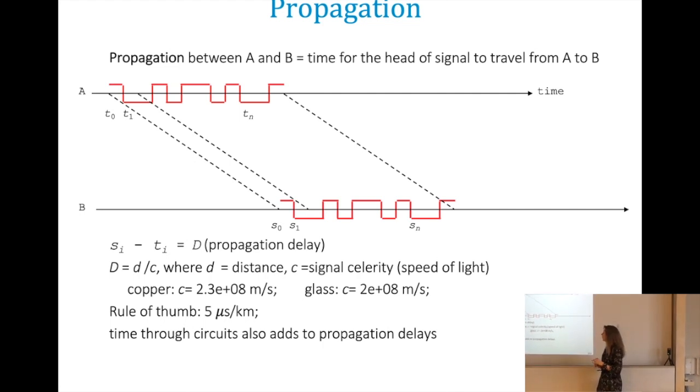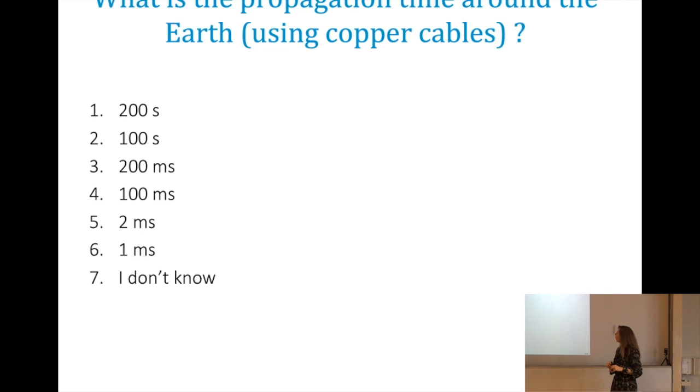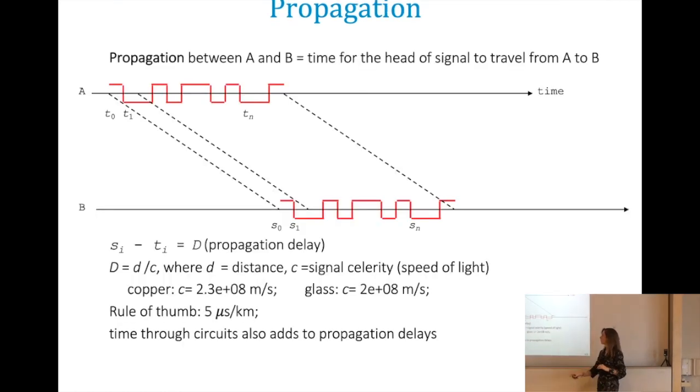So now remembering that in copper the speed is 2.3 times 10 to the power 8 meters per second. Meters? Yes, meters per second. What do you think is the propagation time around the Earth? I give you a bit of time. So this is the speed in copper cables.